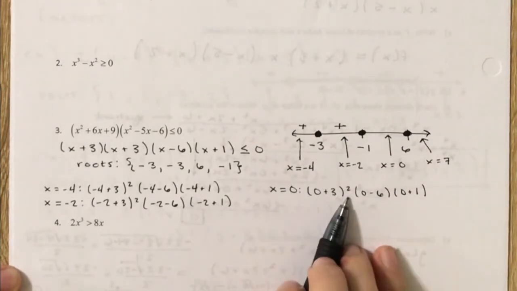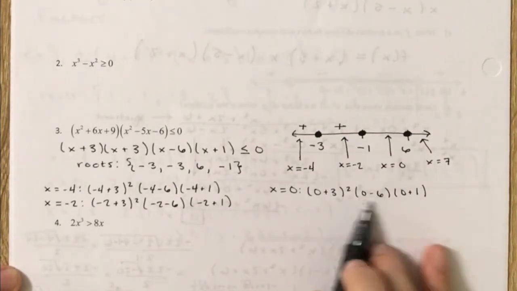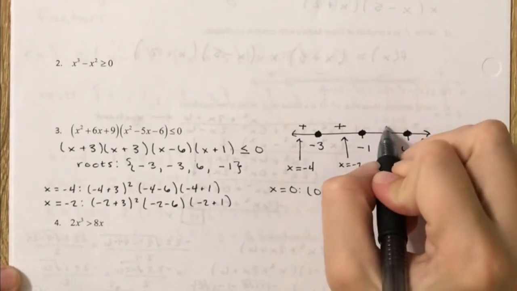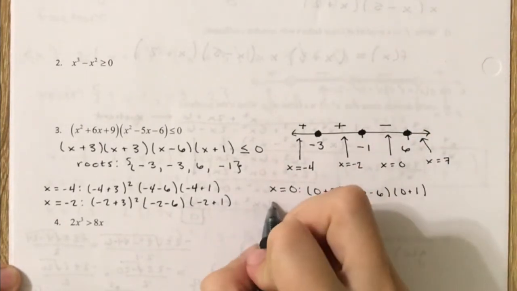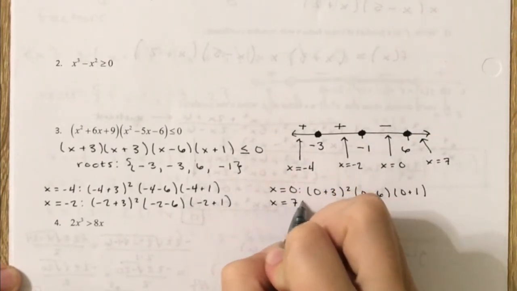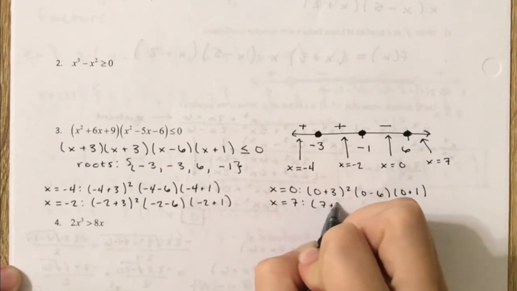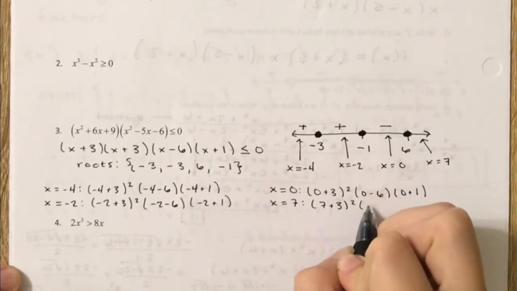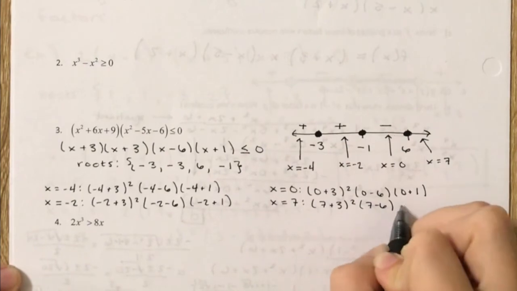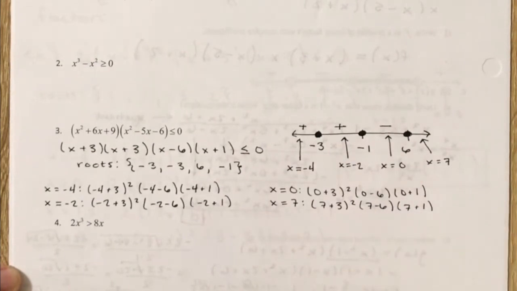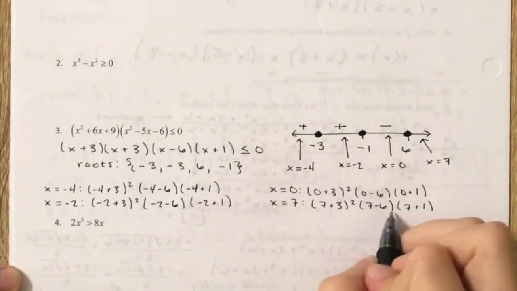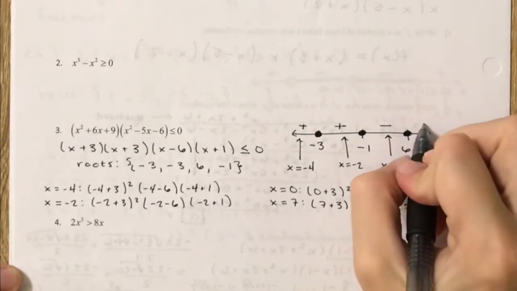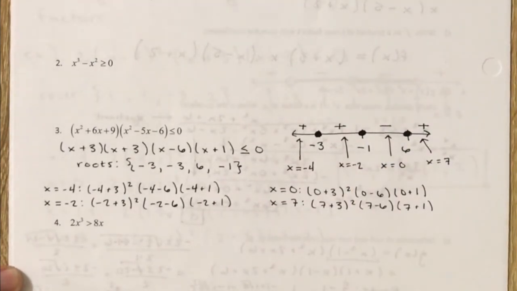So I get a positive, a negative, and a positive. One negative is negative. And last but not least, I plug in 7. I have 7 plus 3 squared times 7 minus 6 times 7 plus 1. I get all positives. So 3 positives is very positive.